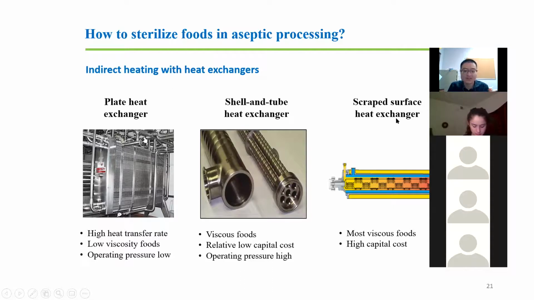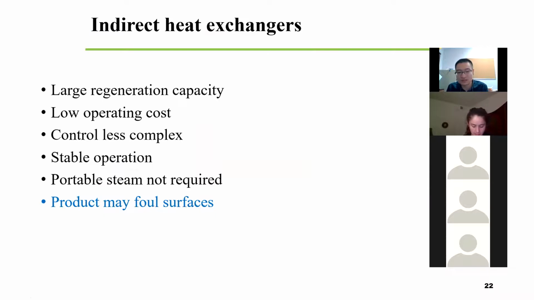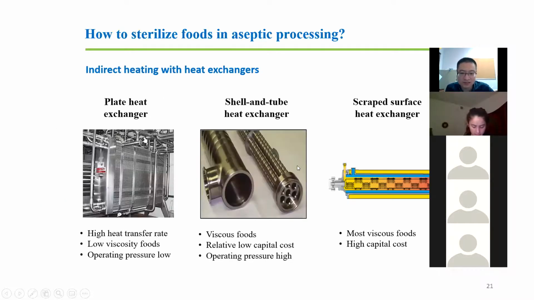Basically, there's something in between, and it's typically metal because metal has a good heat transfer coefficient. This is pretty good for liquid foods, right? Because we cannot push solid foods through these heat exchangers.